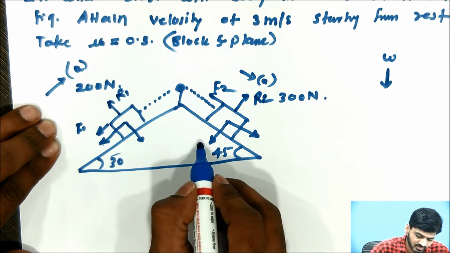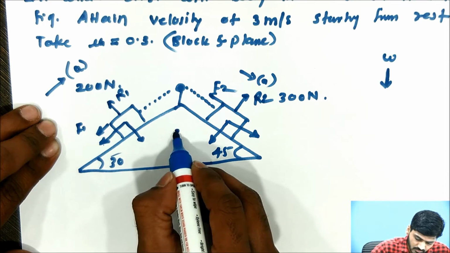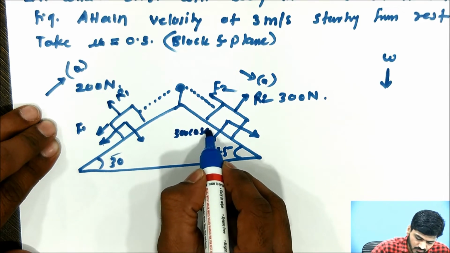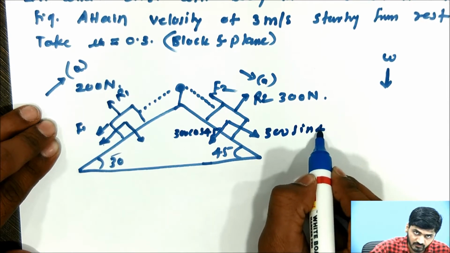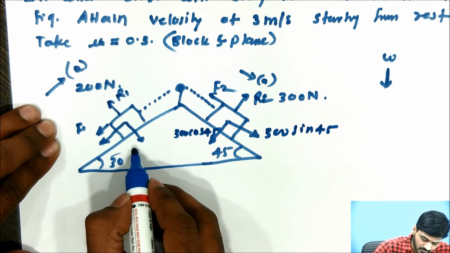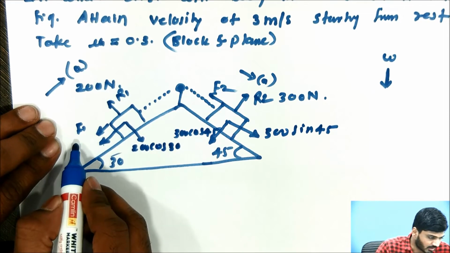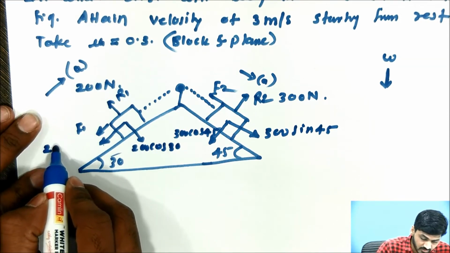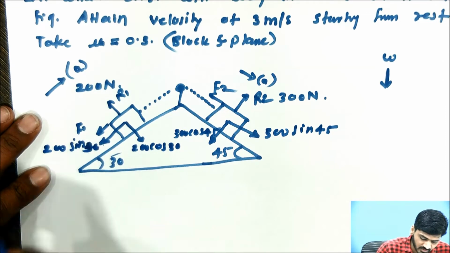So we are considering the cos term: 300 cos 45, 300 sin 45. Here also 200 cos 30, and 200 sin 30.